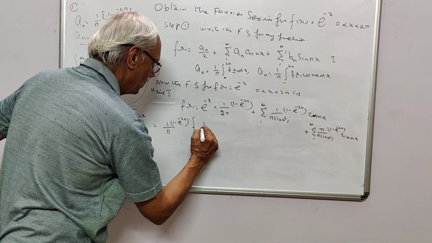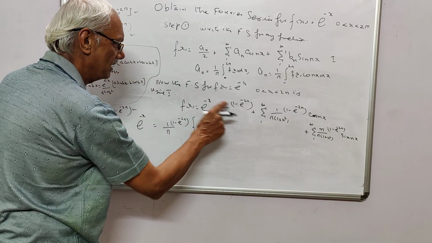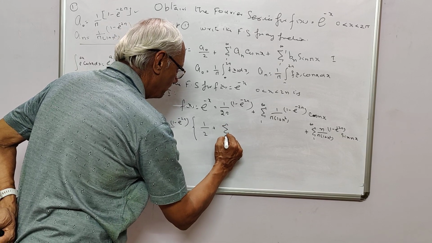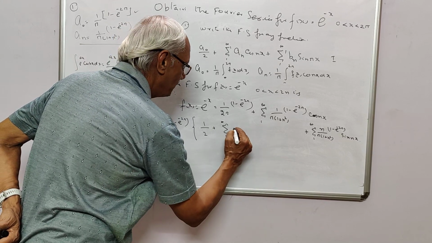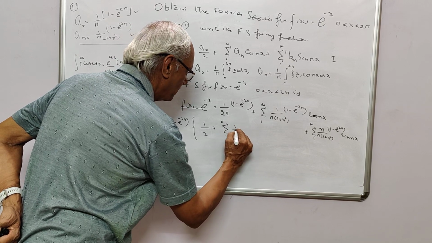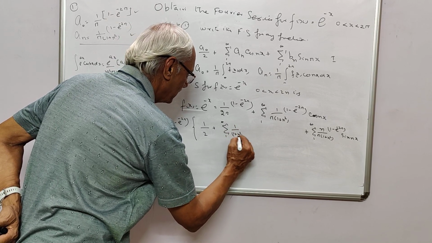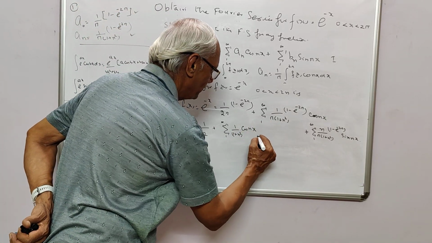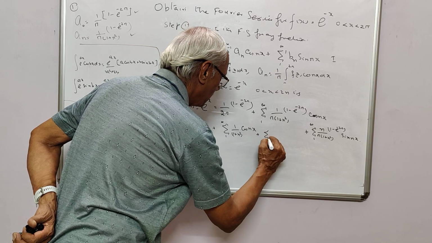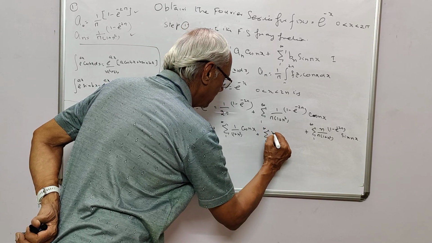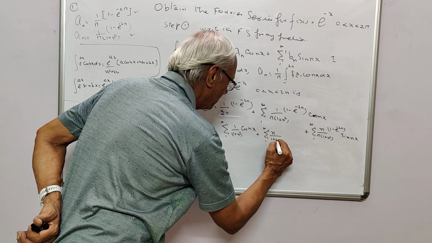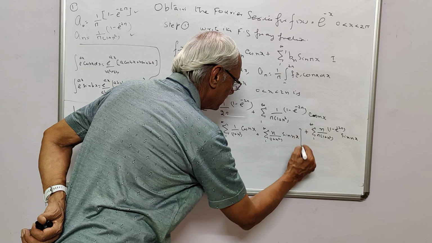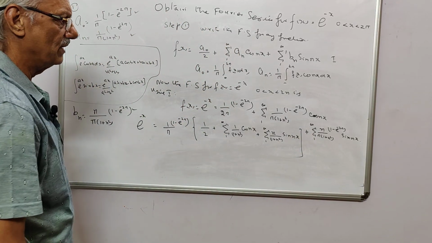So inside the bracket we get half, plus the sum from 1 to infinity of 1 by 1 plus n square into cos nx, plus the sum from 1 to infinity of n divided by 1 plus n square into sin nx. So this is my Fourier series.